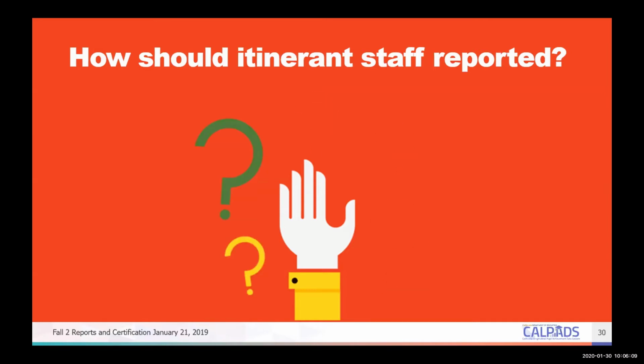So, going back to the question, how should itinerant staff be reported? Let's just do a contrast from last year's to this year's to give context. Last year, or in prior years, itinerant staff were reported with a staff assignment 27 and then assigned to a course.